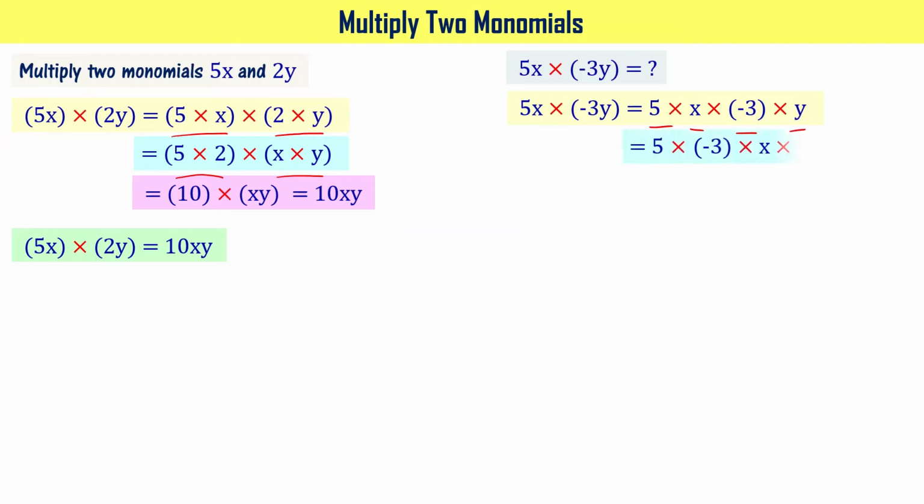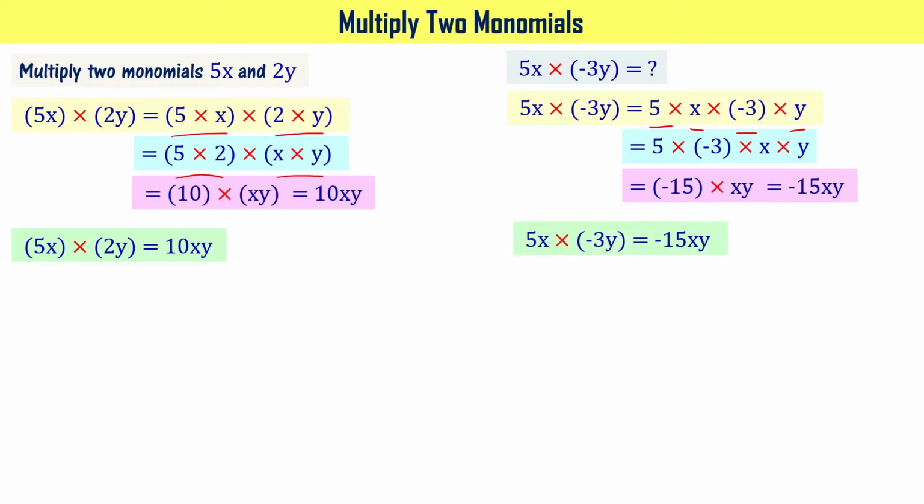When I do that, I can write it as 5 times minus 3 times x times y. 5 times minus 3 is minus 15 and x times y is xy. Let me write that. And this now can be written as minus 15xy, right? This is what we are asked to find. 5x times minus 3y is equal to minus 15xy.